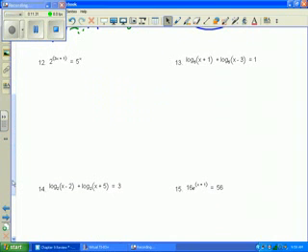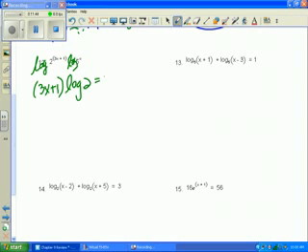We're going to do what to bring those down? Log both sides. Okay, I'll go ahead and go over this one because I see a common mistake or a common question that I keep getting asked. Okay, what's the best way to start simplifying this?